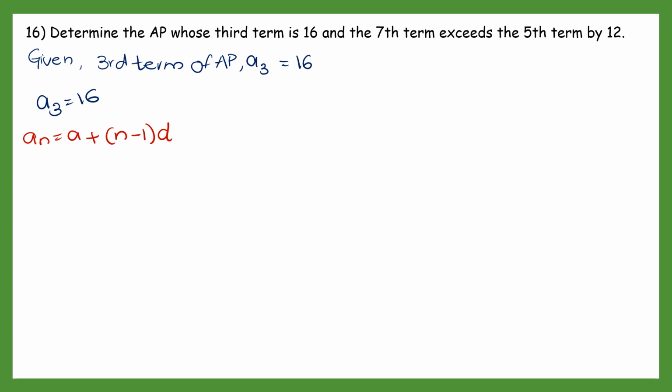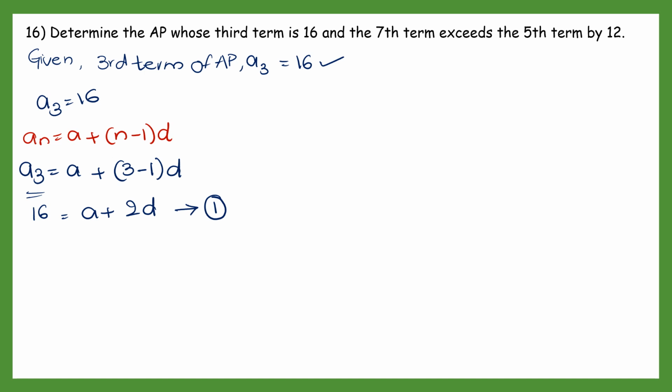So the third term a3 is equal to a plus, here we are finding the third term, that means n is equal to 3, 3 minus 1 into d. They have given the third term as 16. So 16 is equal to a plus 3 minus 1 is 2, 2d. 16 is equal to a plus 2d. This is the first equation.